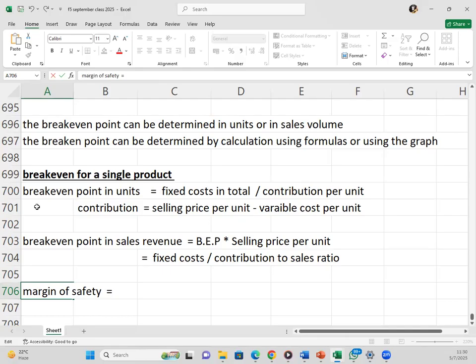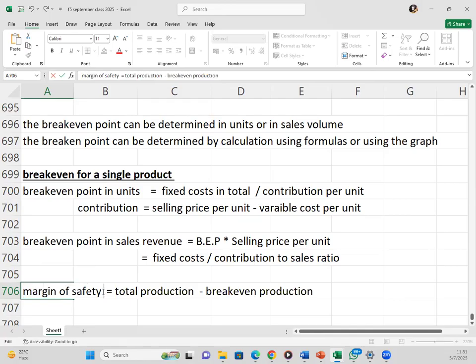The more units, the bigger the margin of safety. So you say the total production minus break-even production. This will give us by how many units.